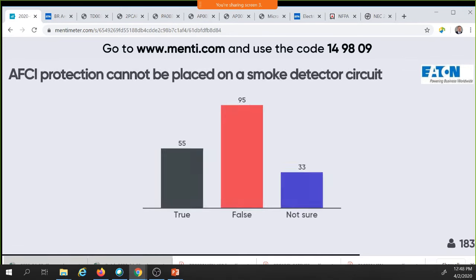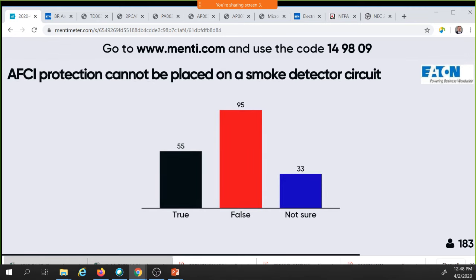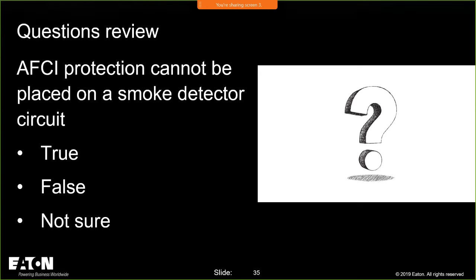That's not the one we wanted. AFCI protection cannot be placed on a smoke detector circuit: 55 said true, 95 said false, 33 said not sure. So let's talk about this one a little bit, because I think once we get through the discussion, we can come back and look at these.